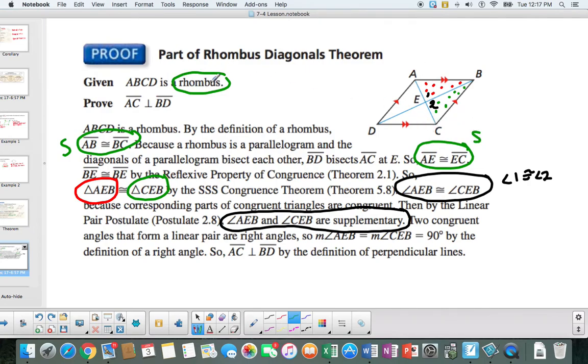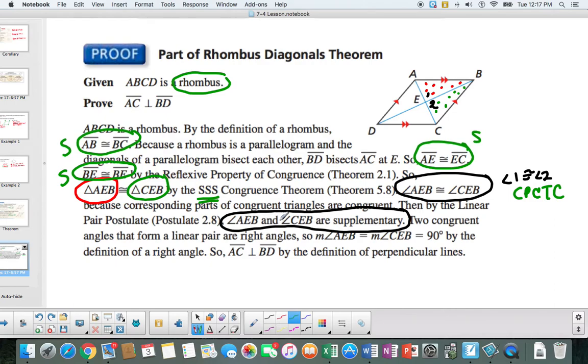Since it's a rhombus, it's also a parallelogram. We also have the reflexive property, which is a side as well. So these triangles are congruent by SSS. Now when the triangles are congruent, then these 2 angles, which I'll call angle 1 and angle 2 instead of the 3 letters, are congruent by CPCTC.